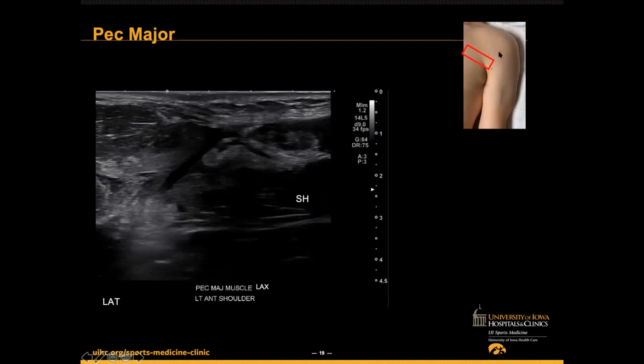Scanning more superiorly up into the pec and more inferiorly down into the pec, there was evidence of retained normal fibers in the more superficial portion, or the anterior portion. So the fibers anteriorly were intact in most of the muscle. In this particular area, there was tearing both deep and superficial.